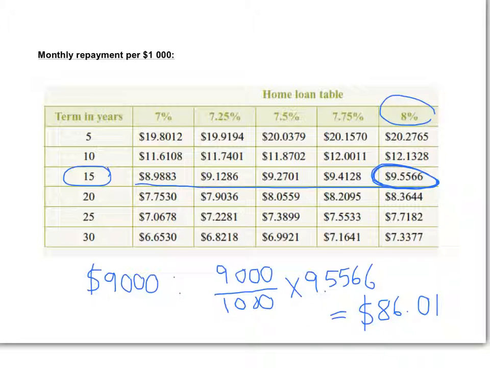Just always check exactly what information the table gives you. Here you have to pay attention that it's a monthly repayment and that it's per $1,000 to take into account when you do your own calculations.